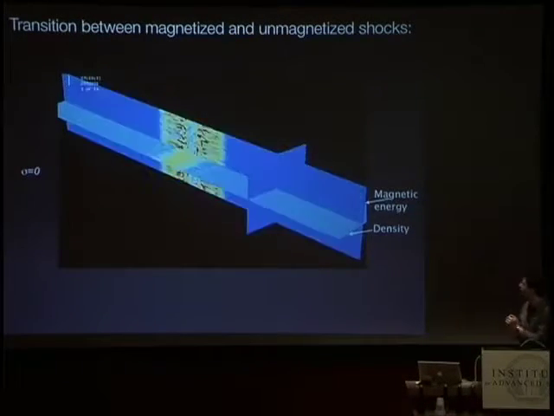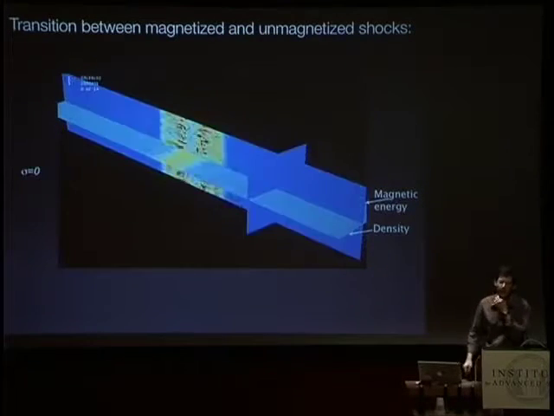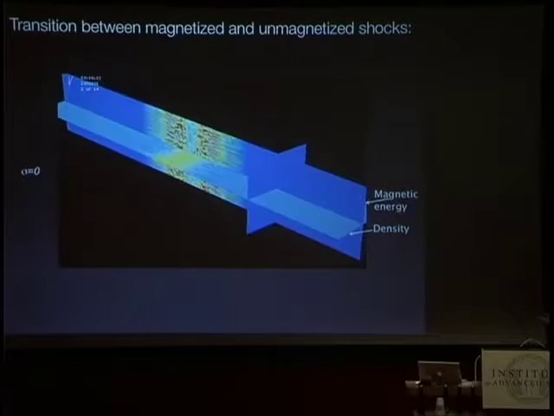So this is again this unmagnetized simulation. What's shown on this slice is the magnetic energy, on this slice is the density, and this slice is the magnetic energy again. So you see these loops. Now I'm going to change the background magnetic field. Initially, there was no magnetic field here.